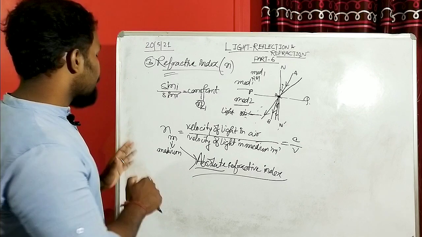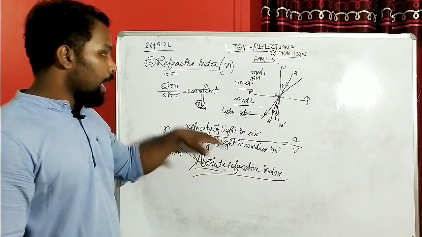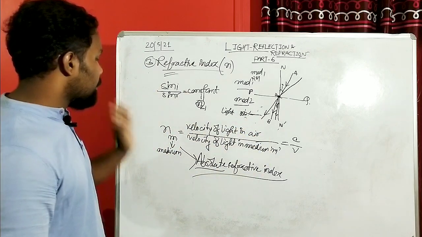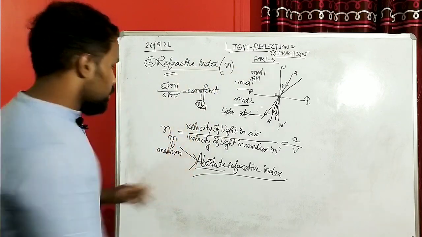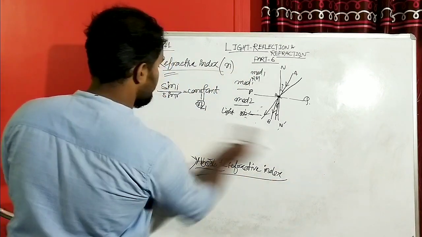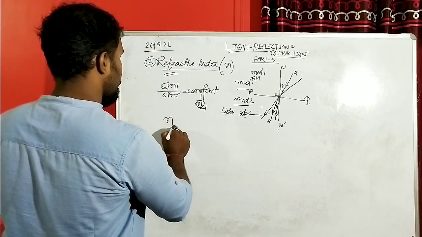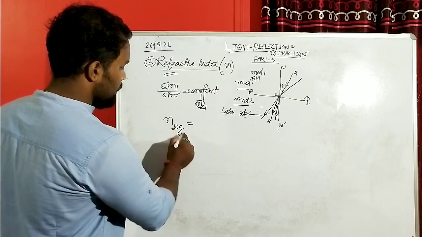Except for this condition, whenever we try to find a refractive index except for air, for example of a medium like water and glass, what is going to happen? If I write N water glass, this is the water, this is the glass.